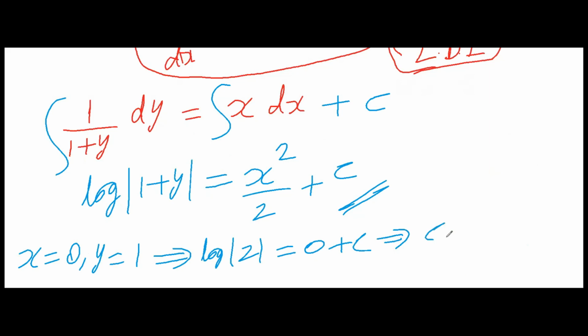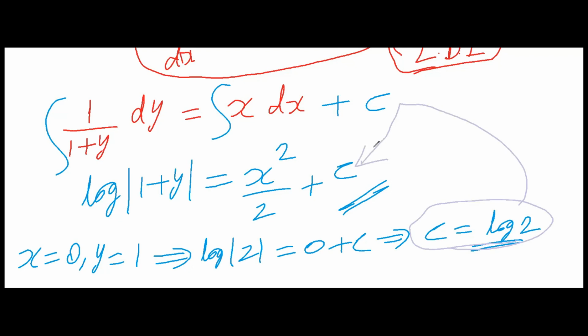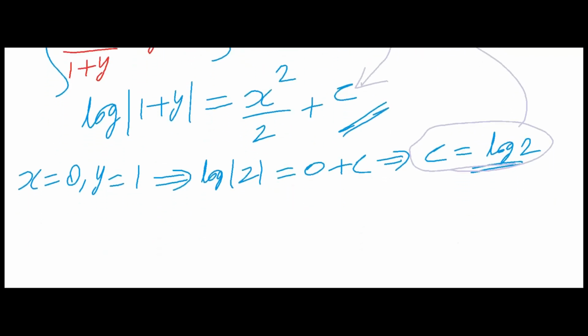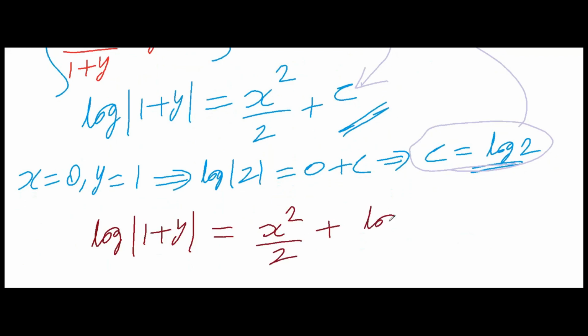So when I solve this, I get the value of c as log 2. Now I will substitute the value of c as log 2 here to get the particular solution. So my final answer will be log of 1 plus y is equal to x square upon 2 plus log of 2.